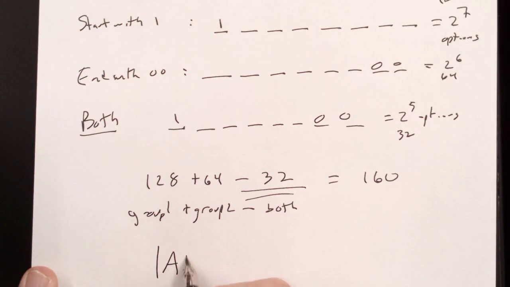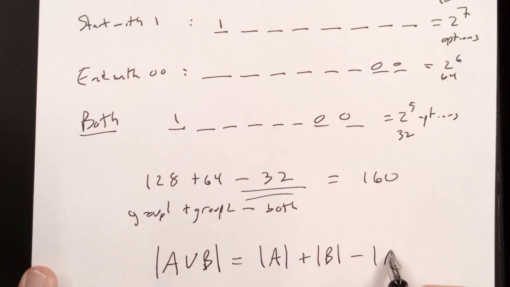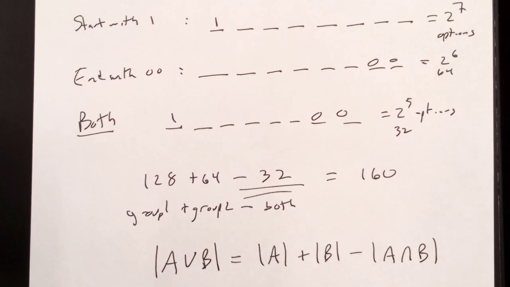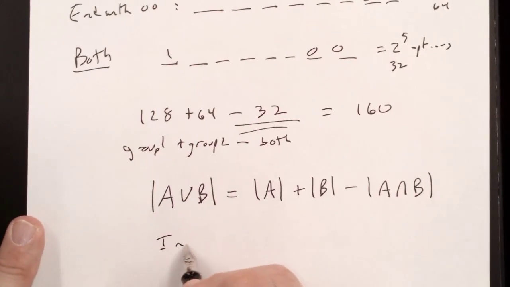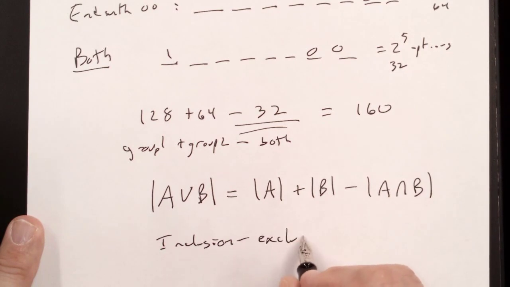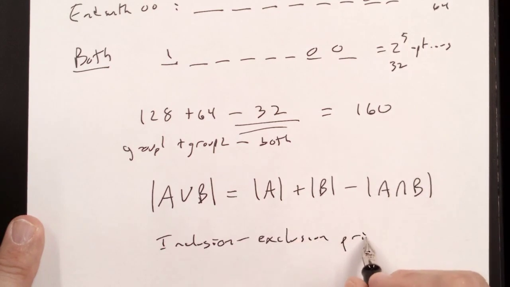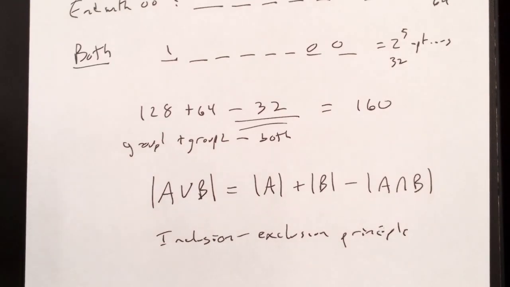The cardinality of the union is the cardinality of the first one plus the cardinality of the second one minus the cardinality of the intersection. We call this the inclusion-exclusion principle. If you include something more than once, you need to exclude it once.